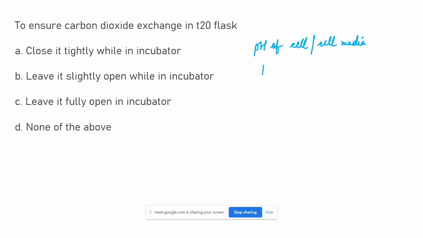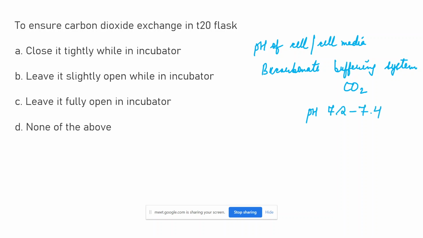We have an entire bicarbonate buffering system where CO2 plays a very important part, which we have already discussed in the previous lecture. It has to maintain the physiological pH, which is around 7.2 to 7.4, and if the pH is not around this, then your cells will have problems growing, or they may not grow at all.